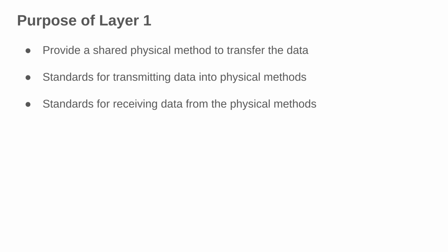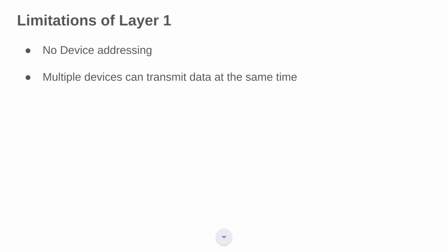And data here, again, is just raw bit streams, zeros and ones, but because of the specification, these zeros and ones can be translated to different physical factors like voltage, modulation, distance, etc. Now, just to reiterate, the limitations of layer 1: no device addressing, and multiple devices can transmit data at the same time, causing a collision.